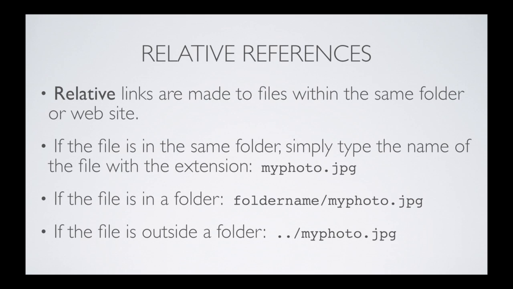Don't worry about this. Simply use the file name by itself with the file name extension, and make sure that all your photos or linked files are in the same folder as the web page that you're making. If you want to get fancy later on and create extra folders, then you can use the other file name conventions.